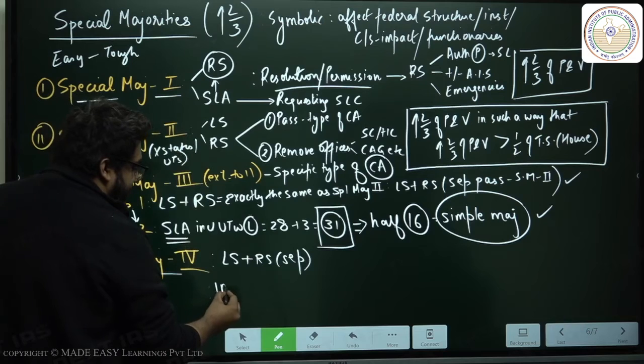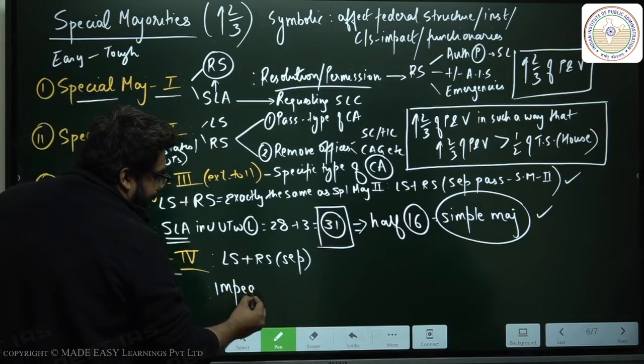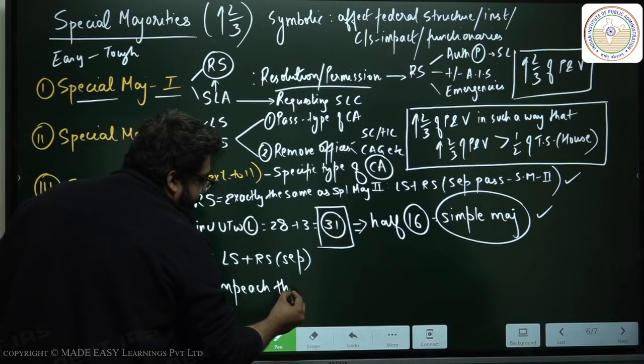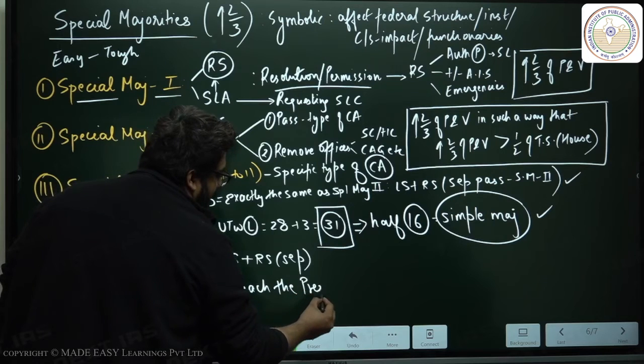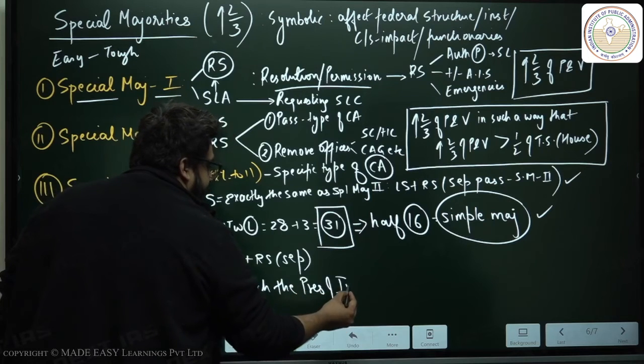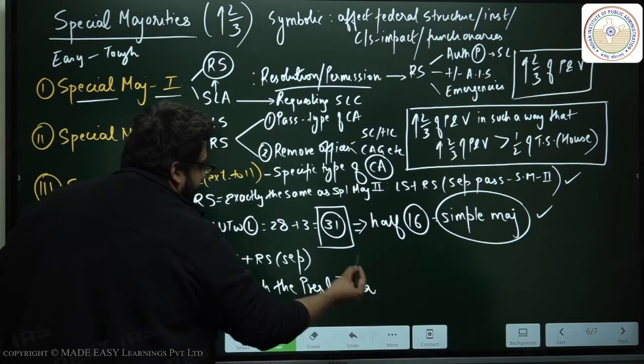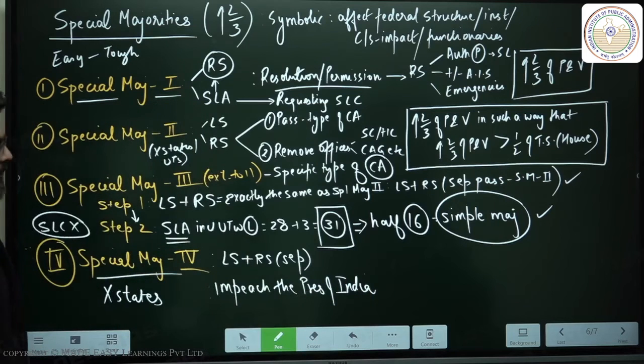It is to remove or to impeach the honorable President of India. प्रेसिडेंट साहब को निकालने के लिए सिर्फ ये इस्तेमाल होती है, ठीक है.